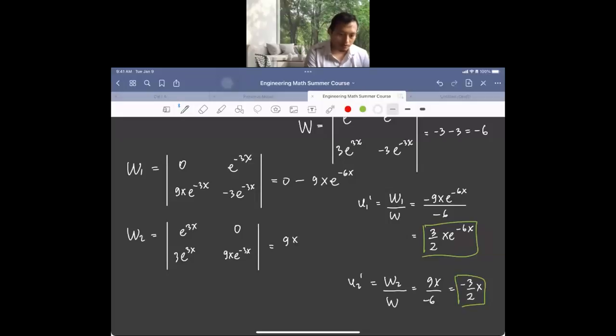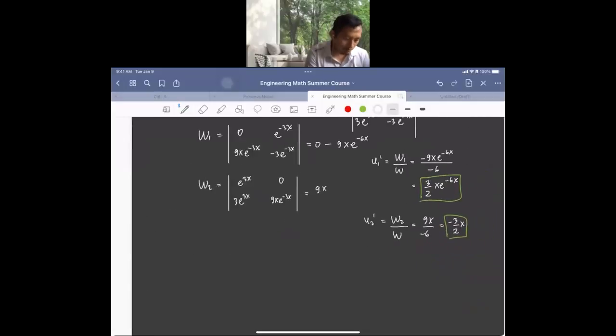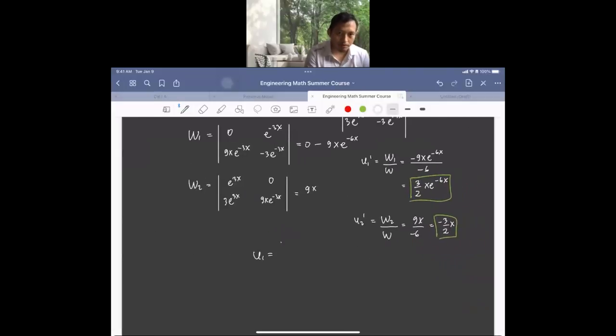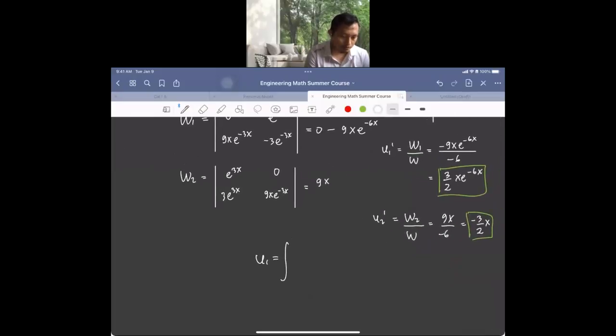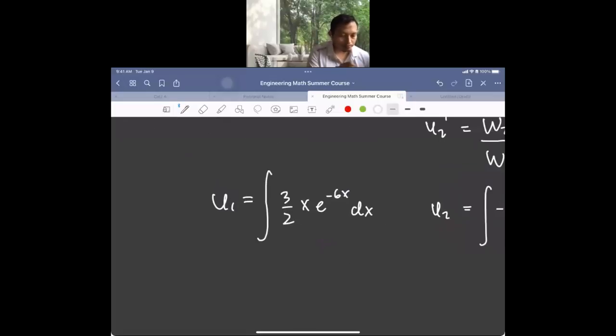Okay, so this is the key: finding this u1 prime and u2 prime. So u1 is the integral of 3 over 2 x e negative 6x dx, and u2 is the integral of negative 3 over 2 x dx.